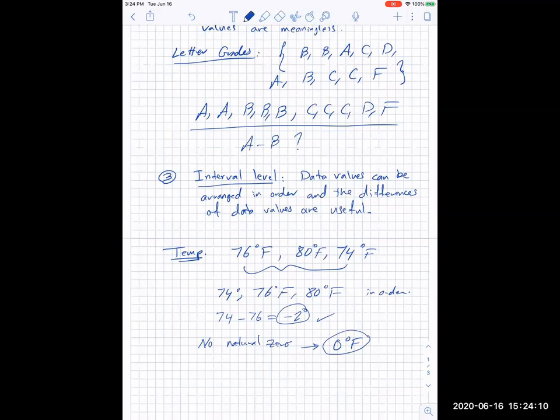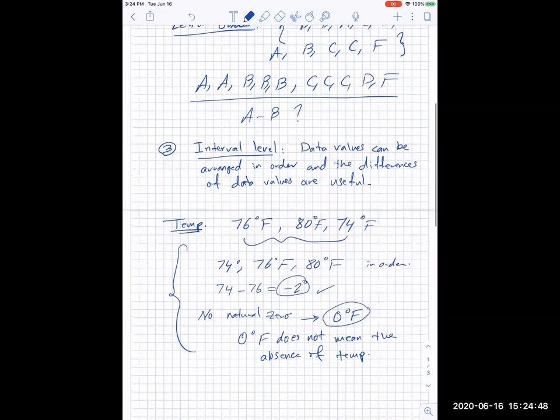There are some temperatures that are below 0. So this is not a reference. 0, in this case, does not mean the absence of temperature. Okay. So at this level, guys, when our data is at the interval level, we do not have a natural 0, or 0 is not considered a starting point.